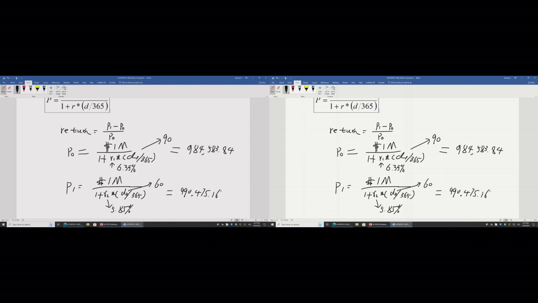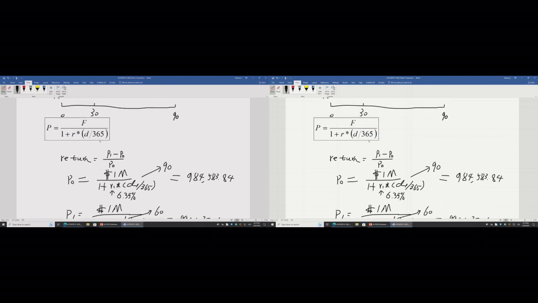So first of all, you have to know the return we're going to use, the annual. That should be a simple interest rate, right, at that time point, the market yield at that time point. And D means the number of days till maturity. Okay, it's not the number of days after the issuing date. Can anyone guess what should be the price of the bond, let's say, just 1 hour before the maturity?